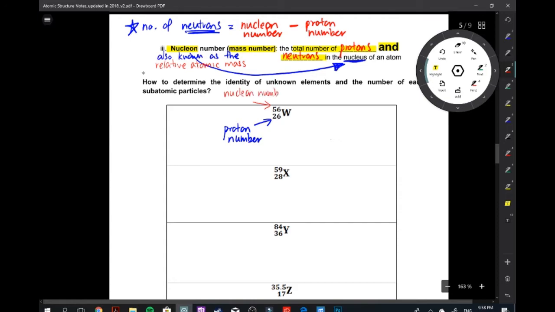Given this atomic symbol, okay, remember that in this entire atomic symbol, the one that is unique to the element itself, remember what is the number? Yes, that's the proton number, and the proton number is always the smaller number. So if you look at this number itself, 26.